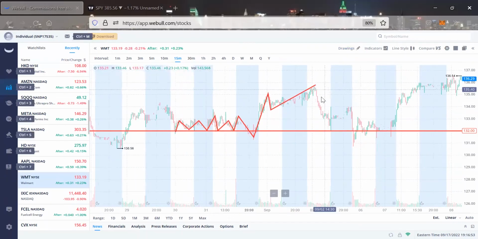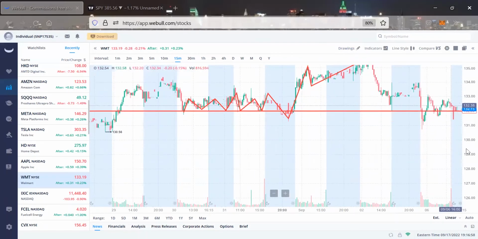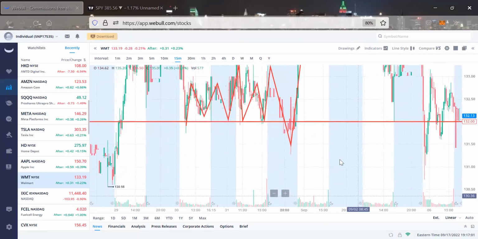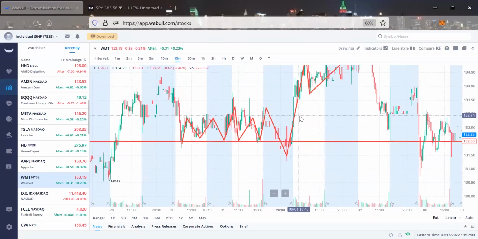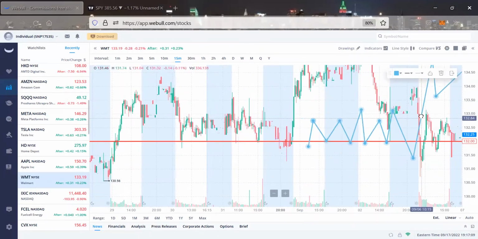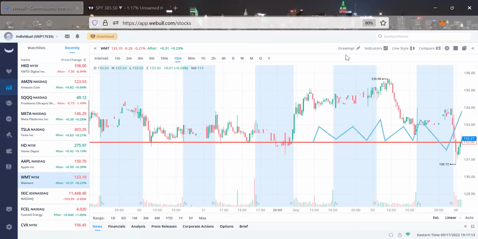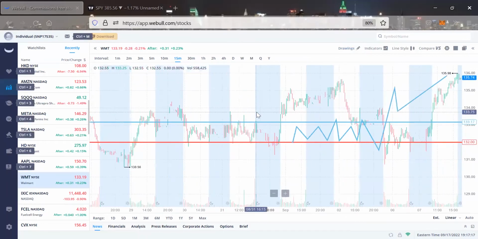What happened here? Why did it start ripping up at the open like that? So I want you guys to understand that around this level right here, I'll make it a little bit of blue color. So what happened right here? As we understand, we have a lot of people trying to short this market.